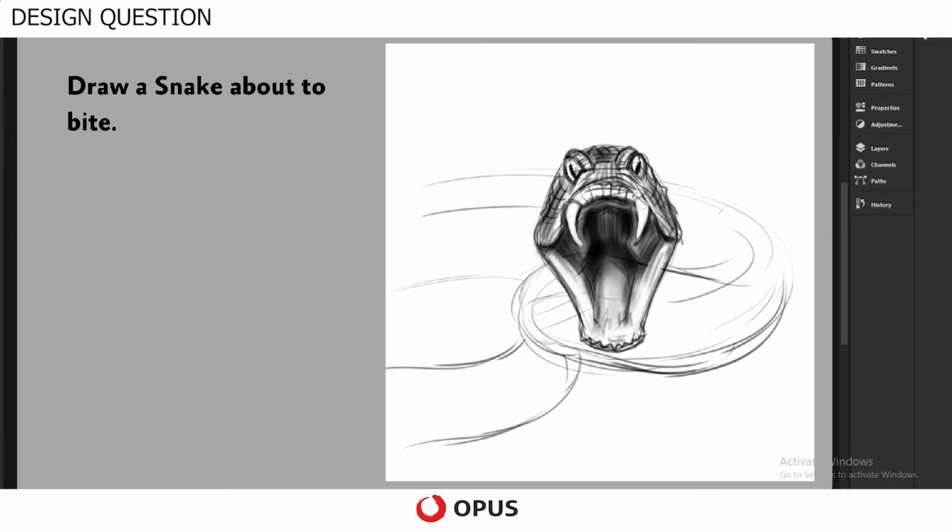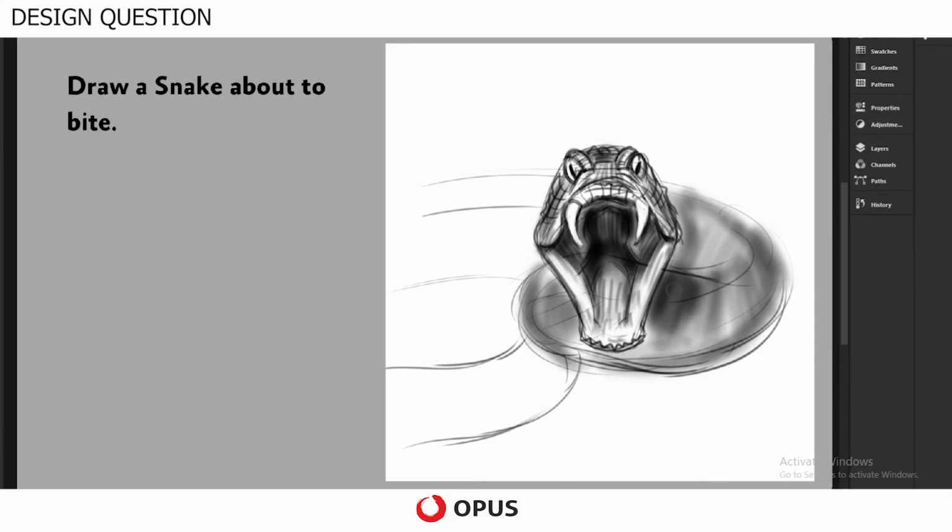So once you have this much, then you can shade the body like this. Okay, you can give some shades here, since it's a cylindrical structure.